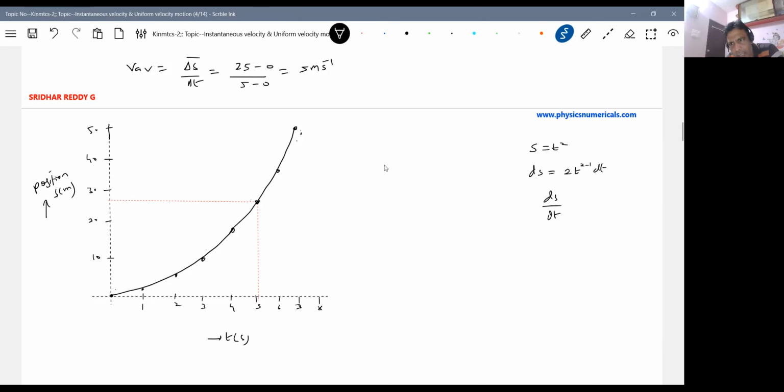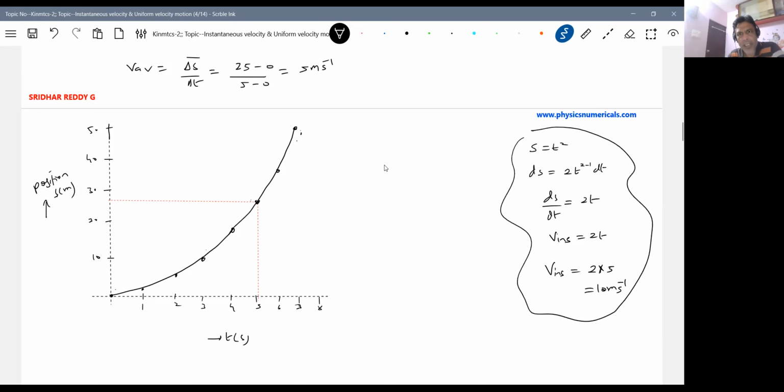So ds by dt is 2t. This should become instantaneous velocity at t equal to 5 seconds. This instantaneous velocity, how much it is? 10 meter per second. This is using differentiation tool.